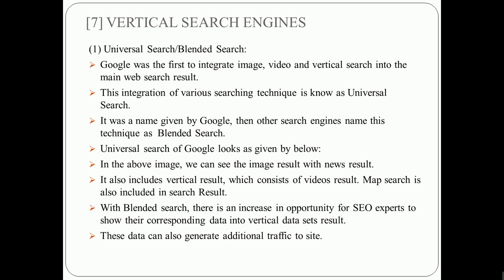So now the next is universal search, or blended search. Google was the first to integrate image, video and vertical search into the main web search result. Google gives all types of facilities to the user to search a particular thing in a single result.